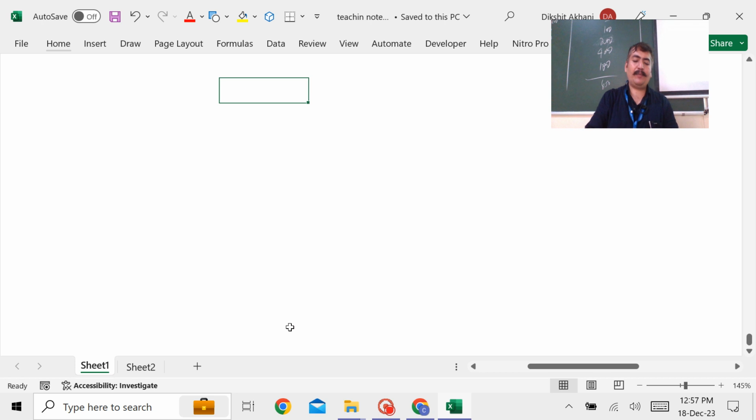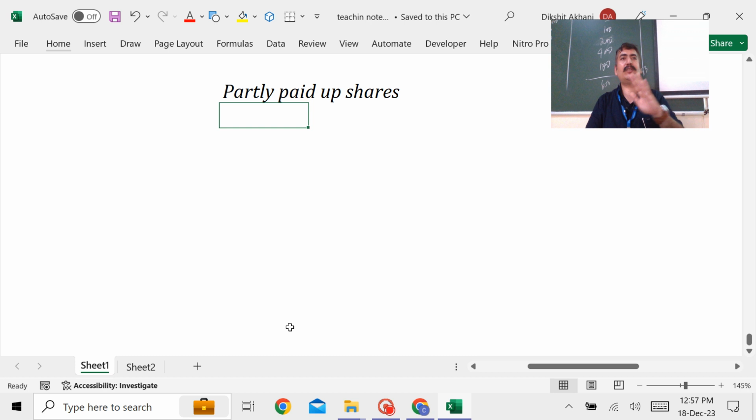If there are partly paid up shares assumed, what kind of shares? That means liability is not completely squared up, it is still there. So if there are partly paid up shares, right? After the transfer, the liability of the calls would go on whose shoulder? Transferee. Yes or no?